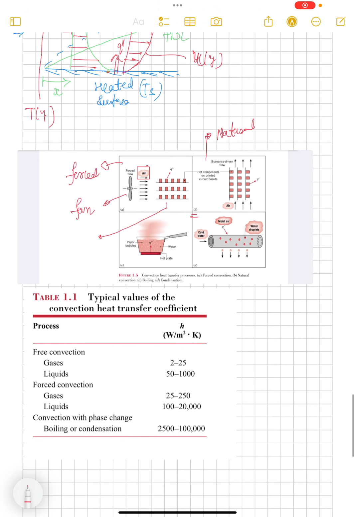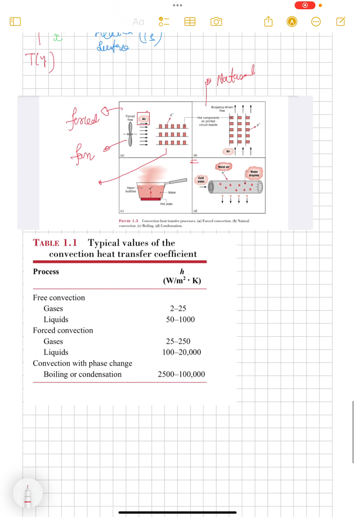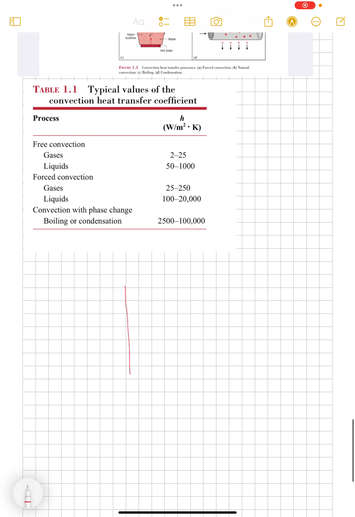What happens is, let's say this is the hot surface, so when this fluid particle comes in contact with the hot surface, its temperature rises and its density decreases.